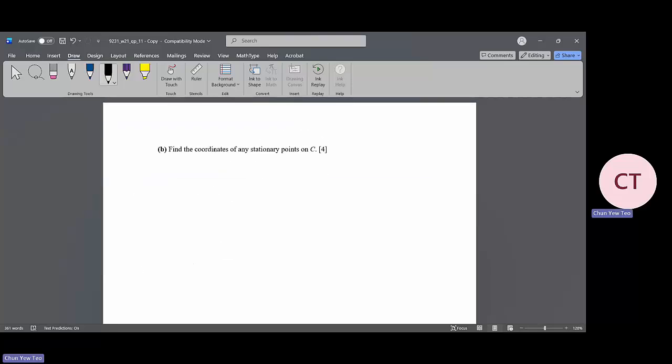We want to find the stationary point. So to find the stationary point, we just need to do the dy dx. Just have to differentiate it carefully. Keep the bottom, differentiate the top, minus keep the top, differentiate the bottom, divided by the bottom square.